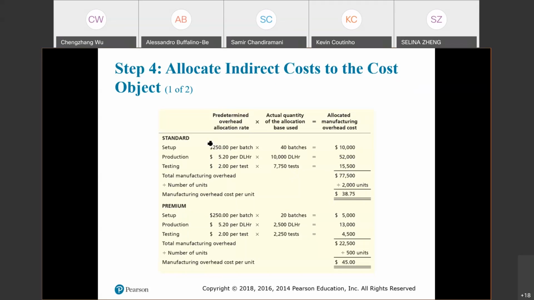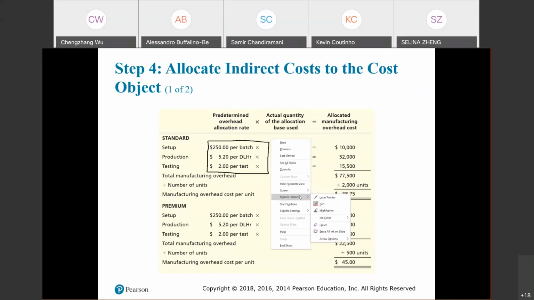Okay. Let's see. This is the calculation results derived from step 3, from the previous step. Here, for the standard type, we use this information derived from step 3 times the estimates that we get from step 2. We turn to red ink, okay?